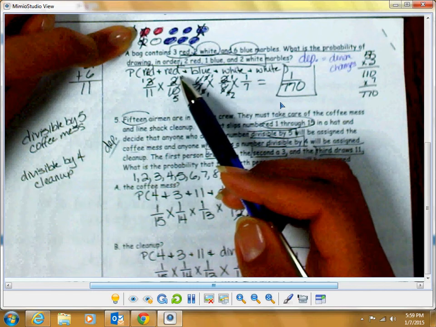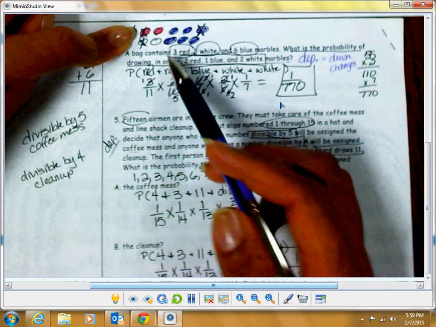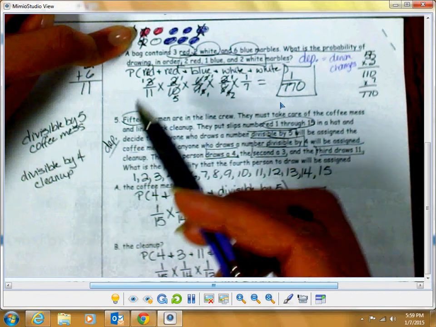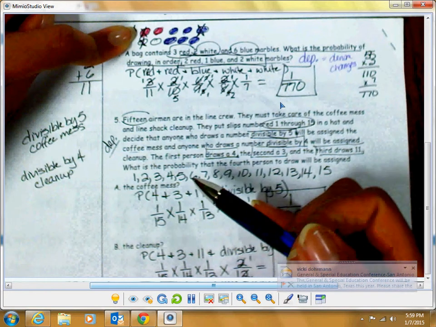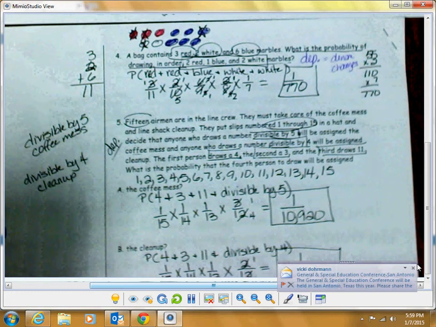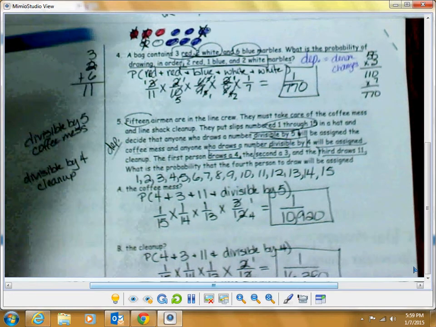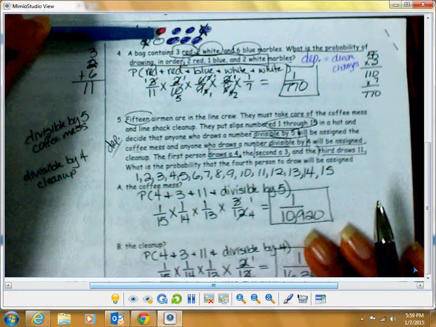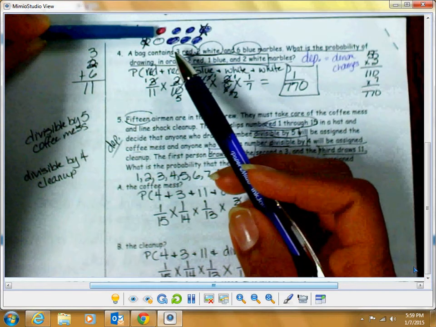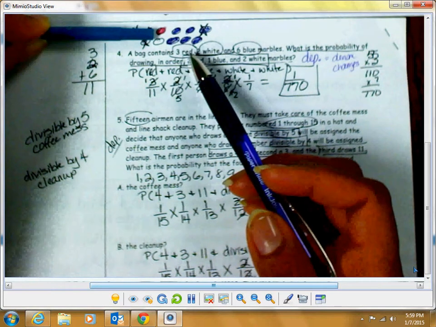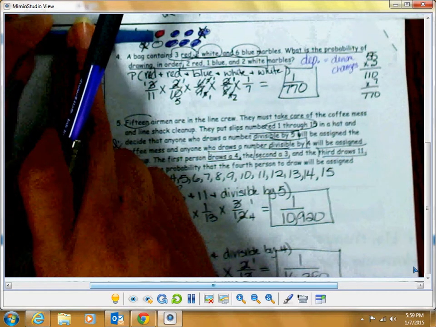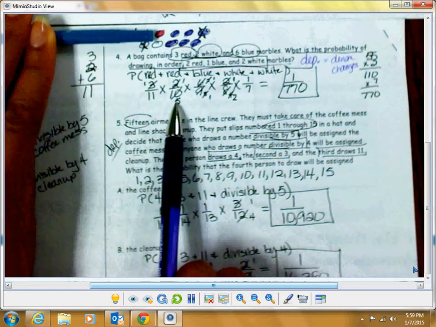Now I want red again. So there's 2 reds that you still see out of 11 altogether. So now I'm going to take away another red. Once I cover that other red up, I now only have 9 left. So this second probability was 2 out of 10.